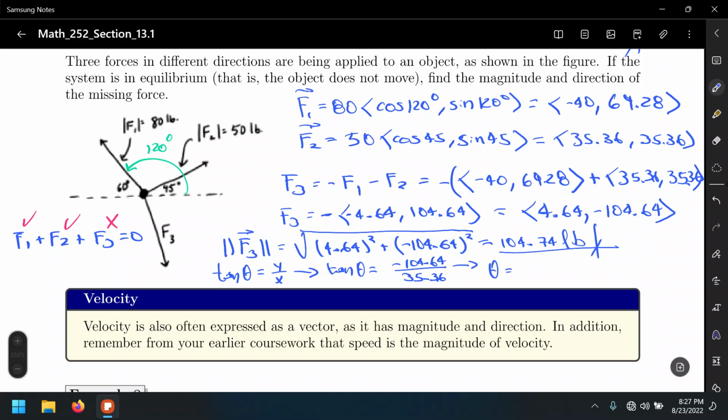And theta will be the inverse tangent of this quotient right here. Is it a 4? Yes. I don't know where I got that. I think I got it from the previous line, 4.64. And this should be approximately negative 87.46. And look at the angle. Even though the picture is not that perfect, it's almost close to negative 90 degrees, right?